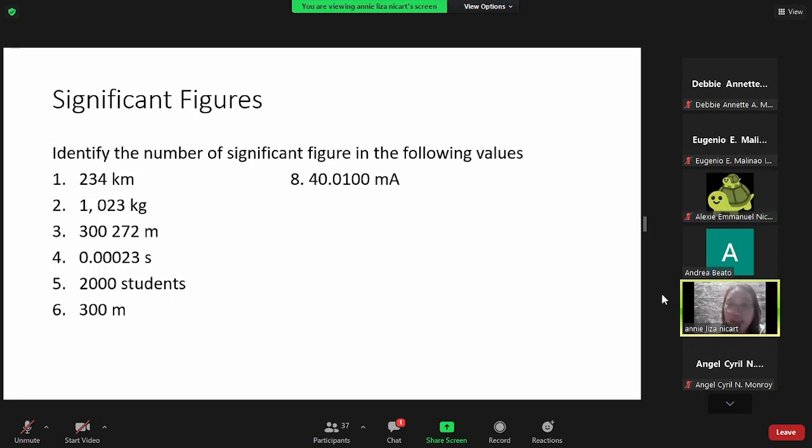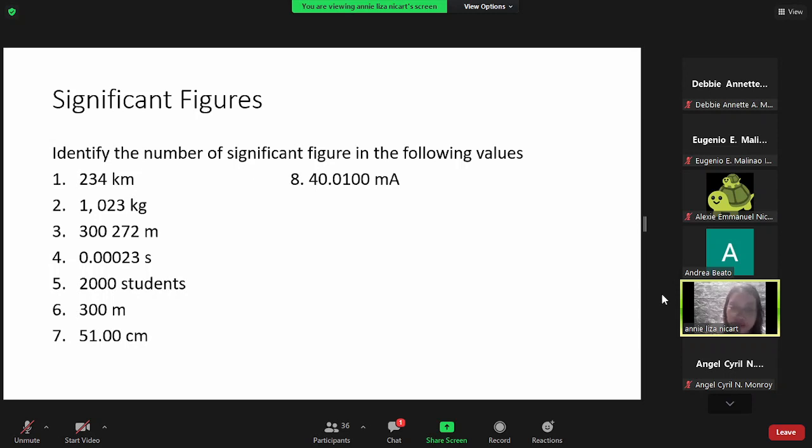What indicates that tail zeros are significant? The decimal point. When there is a decimal point and there are non-zero digits prior to the decimal point, the tail zeros are considered significant.